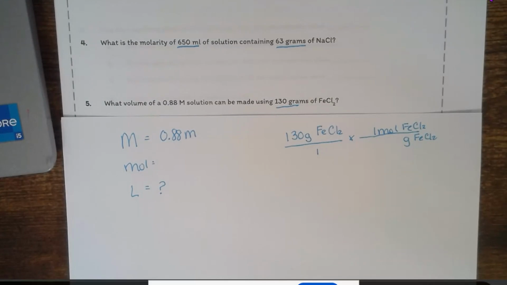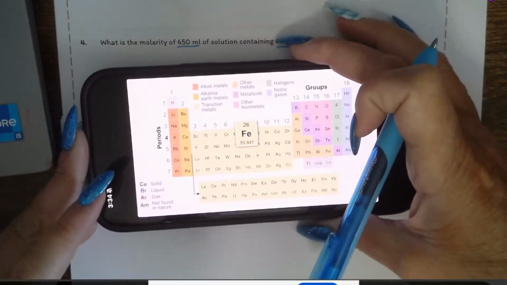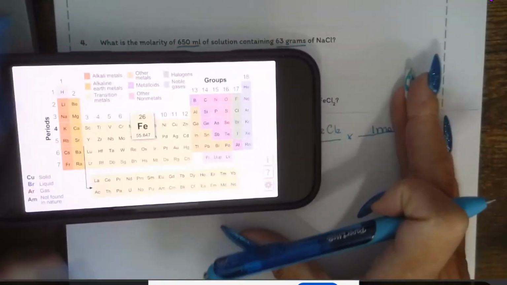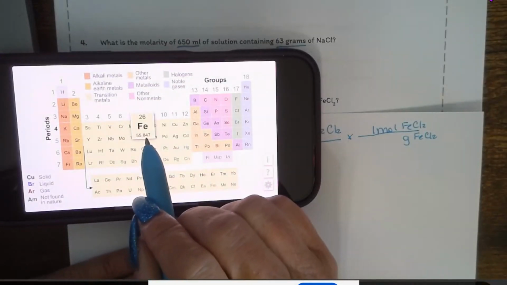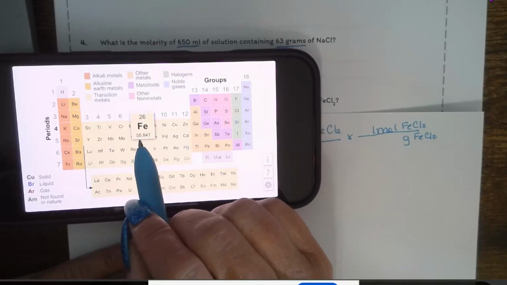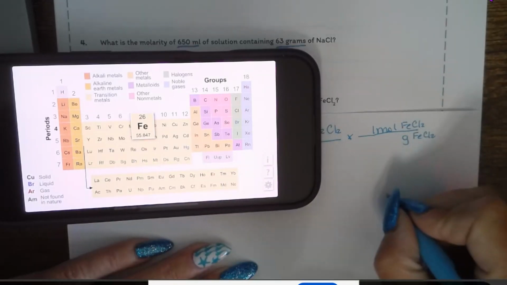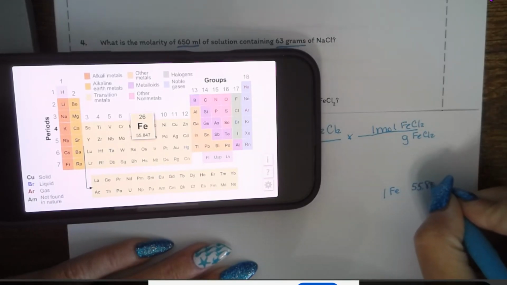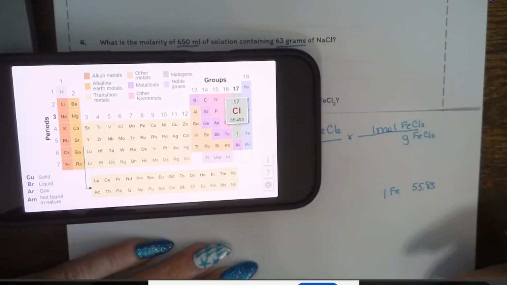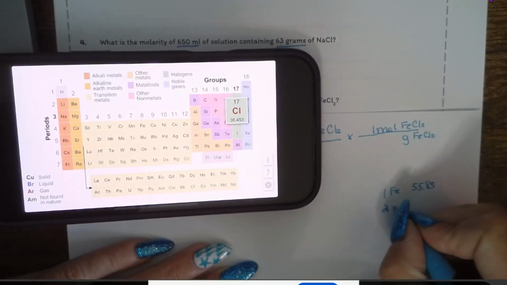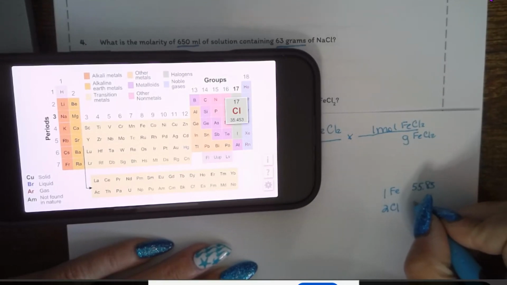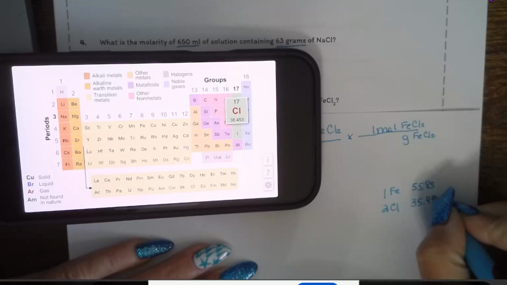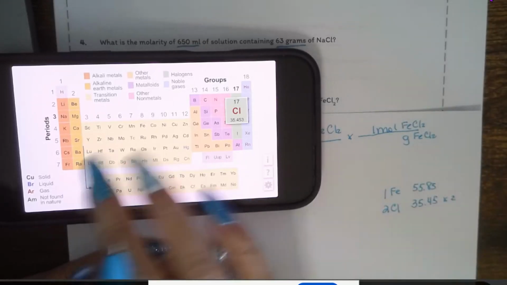I had to go check my handy cell phone app, molar mass or periodic table. So the molar mass of iron is 55.85. That's for 1 iron. And then we have 2 chlorines, so 35.45 times 2.